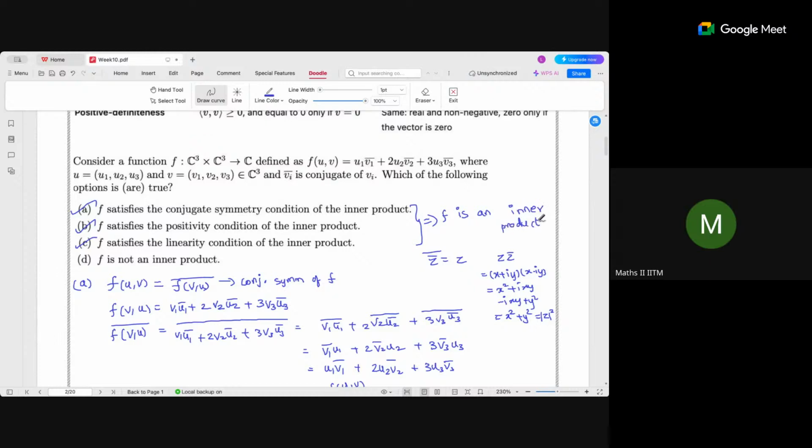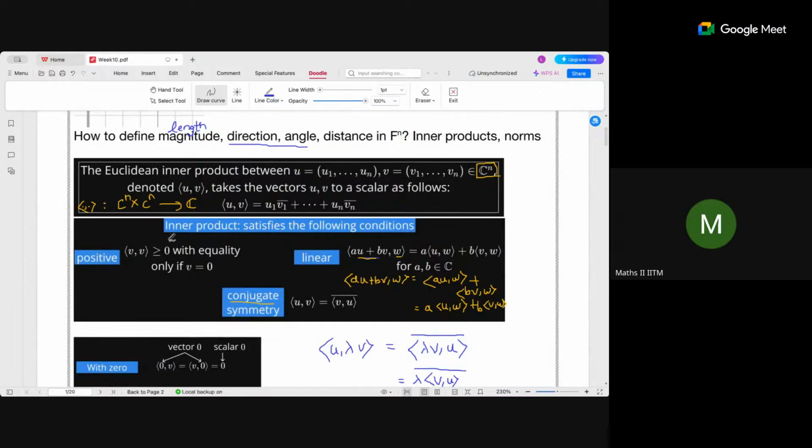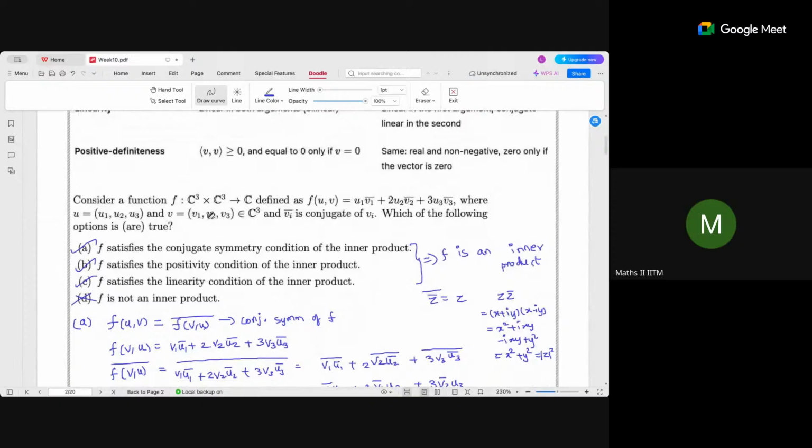So what about option D? Incorrect. When we have all three conditions, we say it is an inner product, so option D is incorrect.